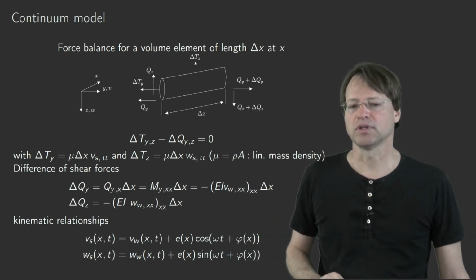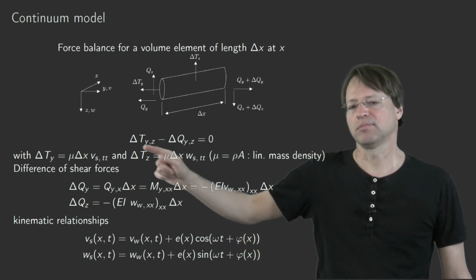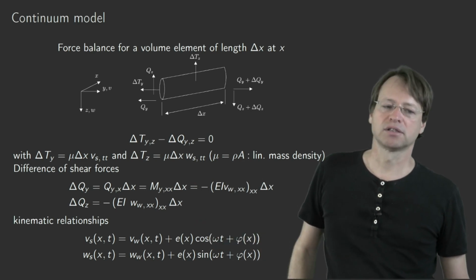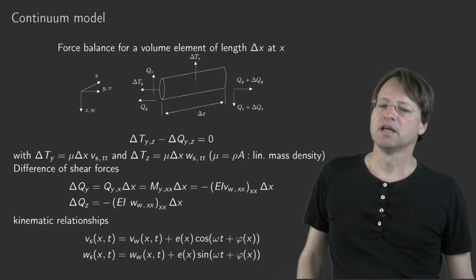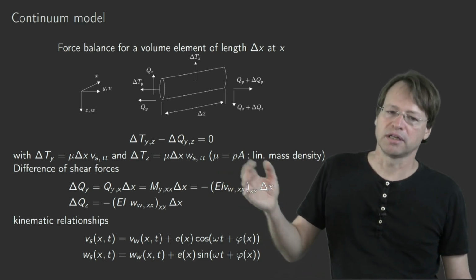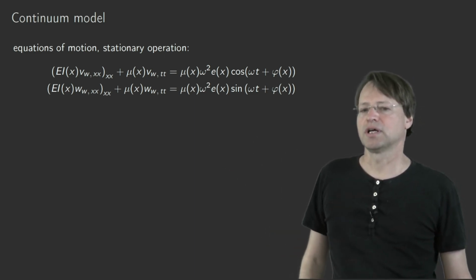We have seen before for the classical Jeffcott rotor, and it represents the imbalance, and it's now represented by mu times delta x times Ex omega squared cosine omega t plus phi x. We divide the whole equation by delta x in order to avoid that delta x here, and then the equations of motion are there.